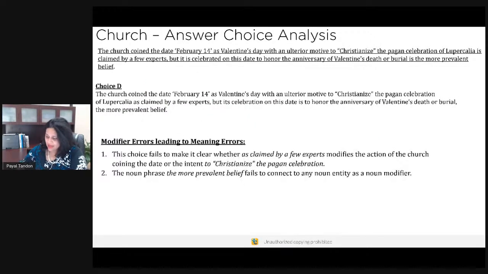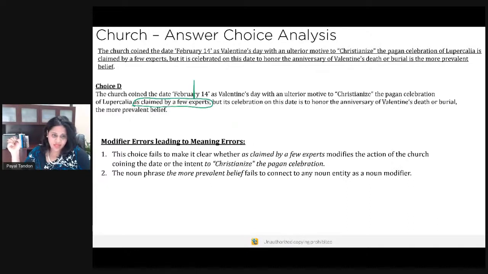Now choice D is wrong because, again, the church coined the date, Feb 14th, as Valentine's Day with an ulterior motive to Christianize the pagan celebration of Lupercalia, as claimed by a few experts. Now, it is not very clear what is claimed by few experts.